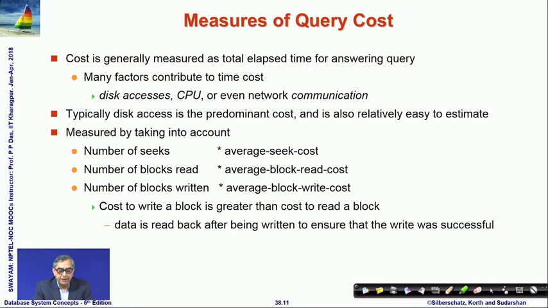So, the access time of the disk will be involved, the computing time in the CPU may be involved, even some network communication may get involved. Out of these, if we assume for simplicity that there is no network communication cost, that is, everything is connected by a very high speed network, then between the disk access cost and the CPU processing cost, the disk access is the predominant cost, and it is relatively easy to estimate.